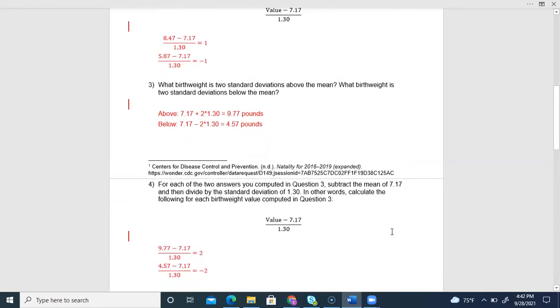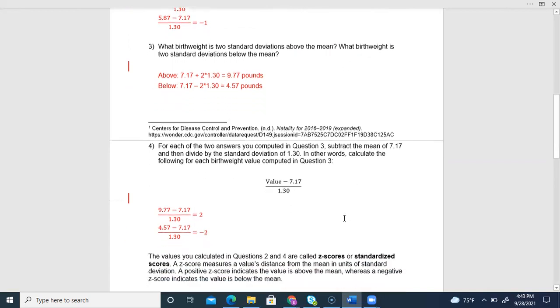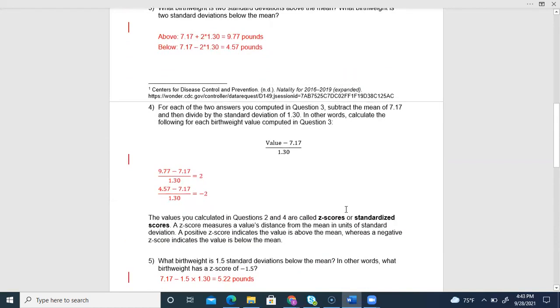For each of the 2 answers you computed in question 3, we subtract the mean, 7.17, and then divide by the standard deviation, 1.3. In other words, we take any value, subtract the mean, and divide by the standard deviation. The new calculated value is what we call the z-score.